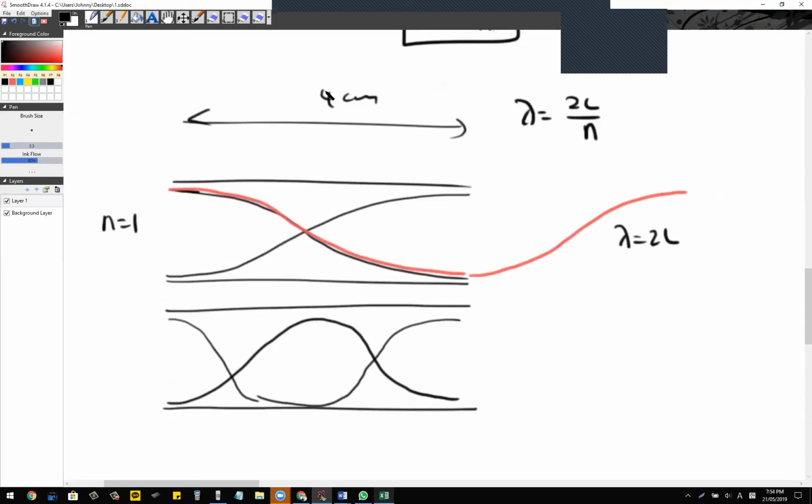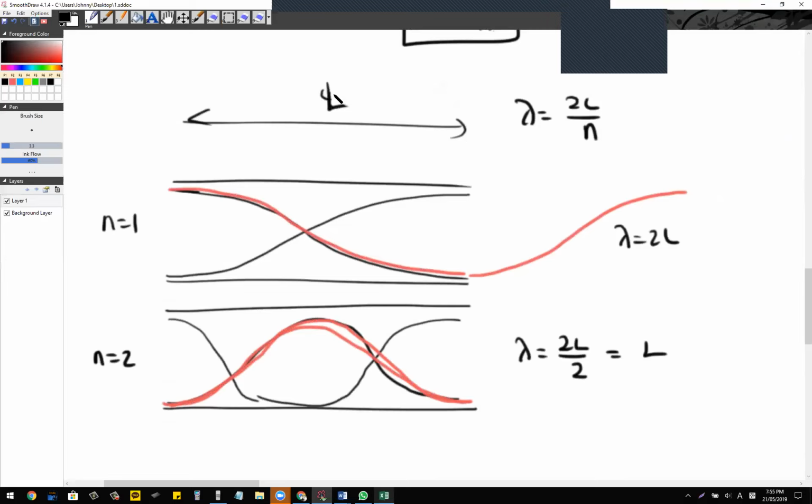As you can see, this is the L, and the wavelength is 2 times the L. For n equals 2, we have lambda equals 2L over 2, you see? The wavelength is from there to there, that's one wavelength, so it's true.